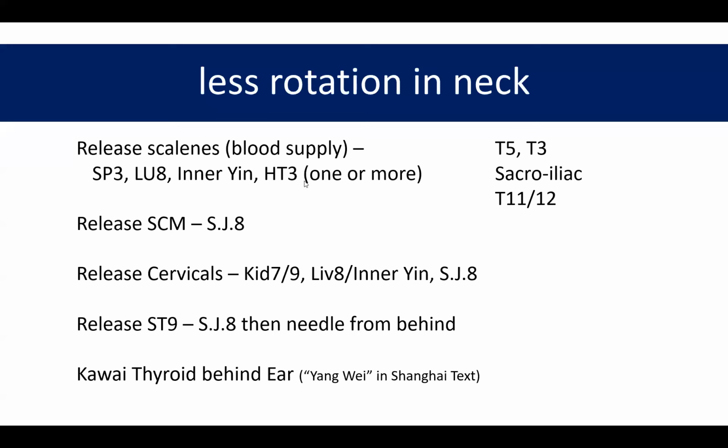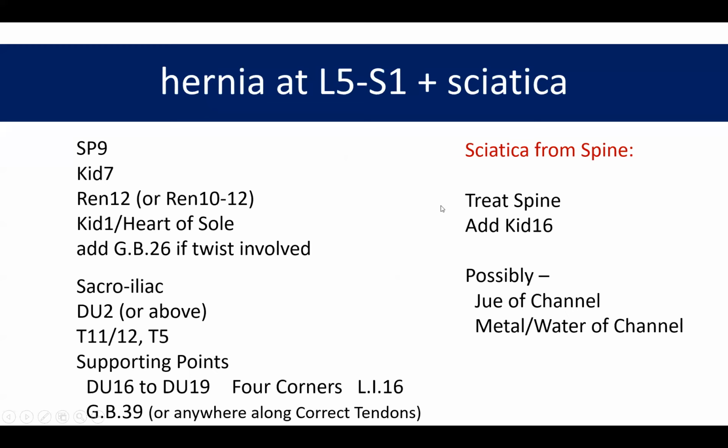And then on the back, again, look at T5, T4, T3, T2, the sacroiliac ligaments, and T11, T12. Hernia at L5S1, and in this case, there's supposed to be sciatica.